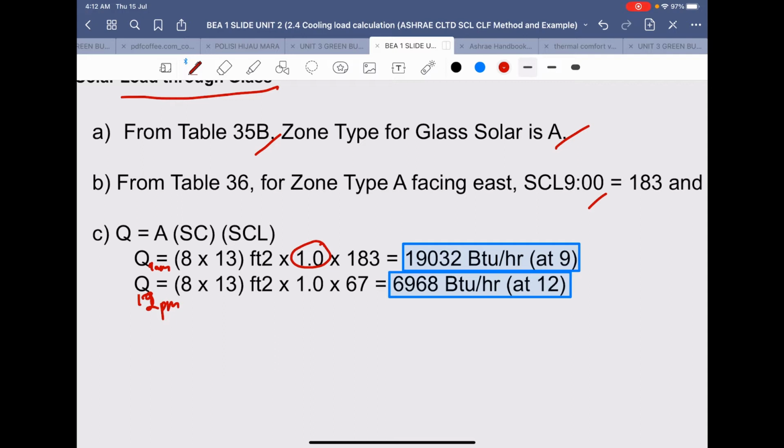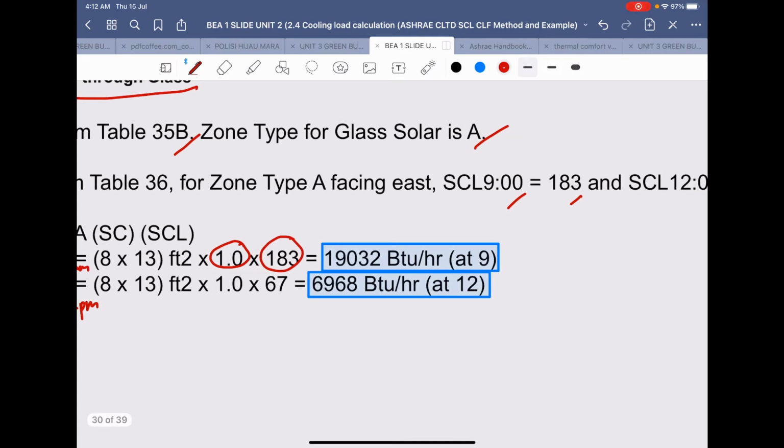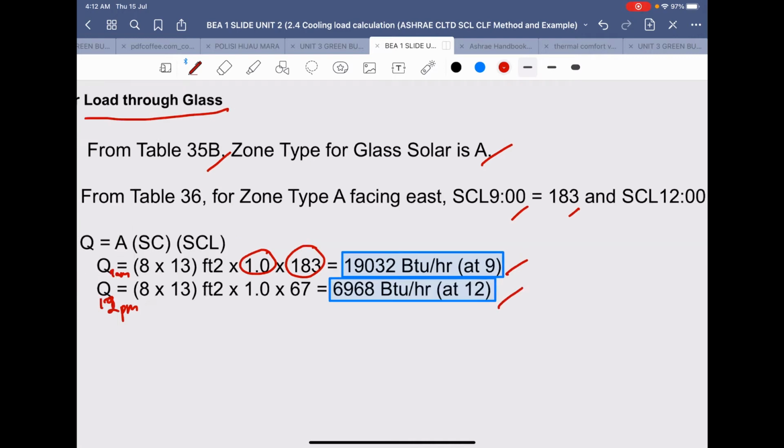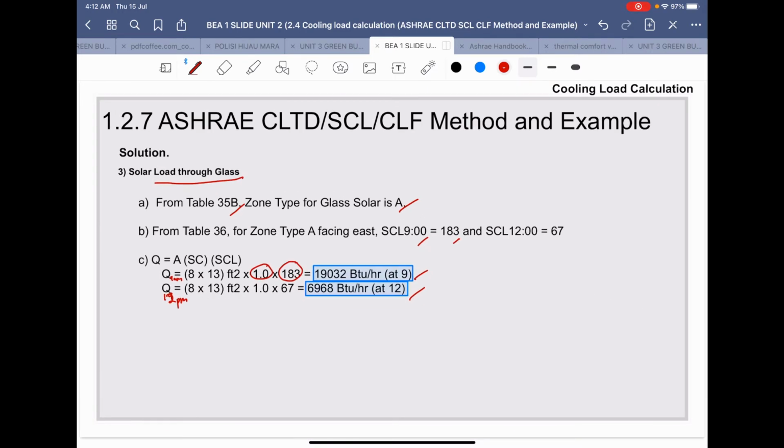So, we assume that 100% of direct sunlight will come to the window, and for the solar cooling load we refer to the ASHRAE table, 183 at 9 AM. Then the cooling load will be 19032 BTU per hour at 9 and 6968 BTU per hour at 12 PM, 12 noon.